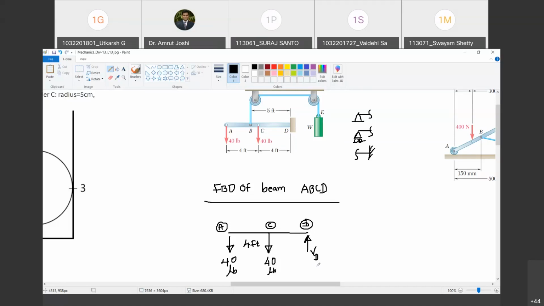I can show it acting downward as well. At the end of the analysis, if a negative sign emerges, I will say the originally assumed sense of VD was incorrect. Are you with me? So it is not that it has to be shown upward. Now, if you push this beam towards right or towards left, is there a possibility?